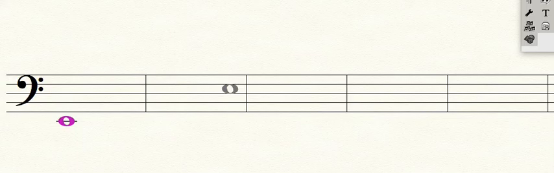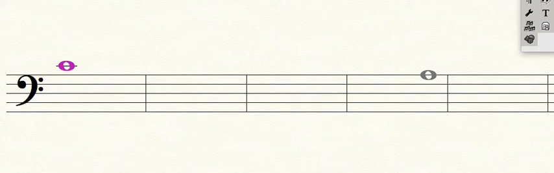That would be the letter that comes before F, which is E. Before E is D, and then C way down there. So there's C, D, E, F, G, A, B, C, D, E, F, G, A, B, C. Okay, so that's how the bass clef works.